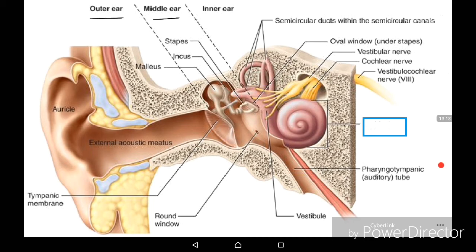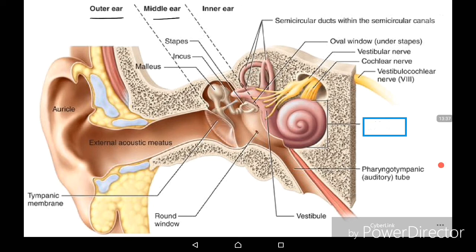After the tympanic membrane, we have bones: malleus, incus, stapes. And we have the inner ear that is in the temporal part of the skull, located in the temporal bone.